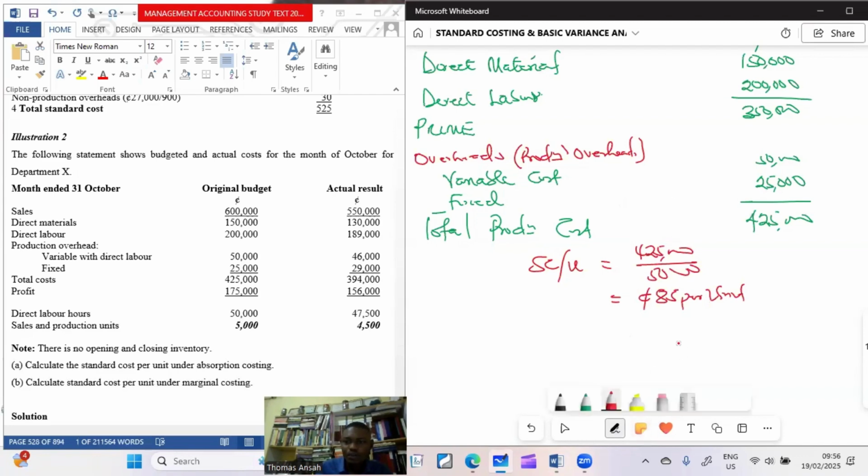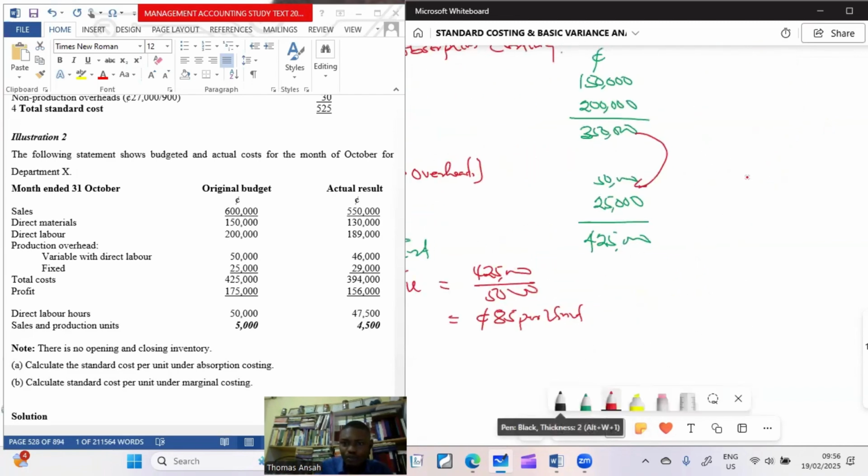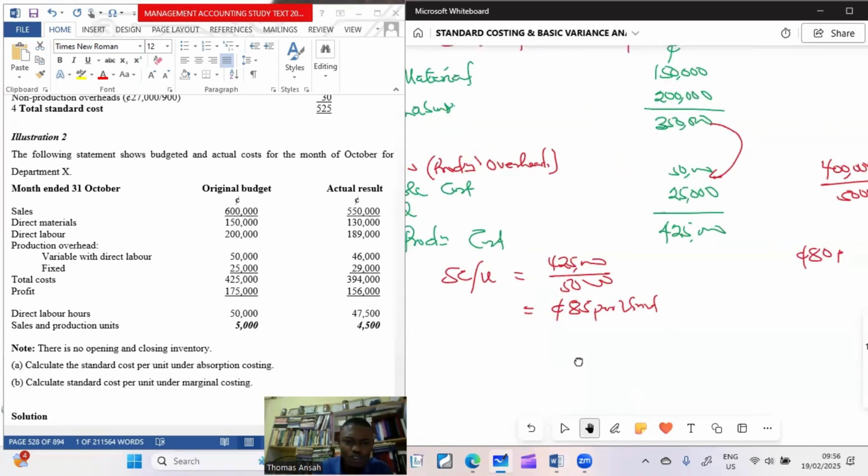So I will end up having variable. So my variable costing will be 400,000. We won't add fixed cost. And the units are 5,000 units. That should be like 80 cedis per unit, right? So yeah, if I calculate, that is what I have. So that is the difference between marginal and absorption costing.